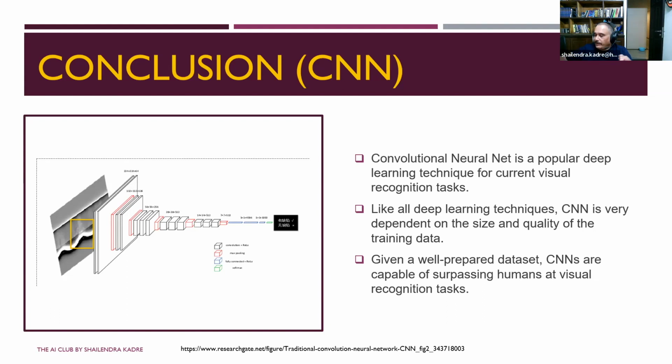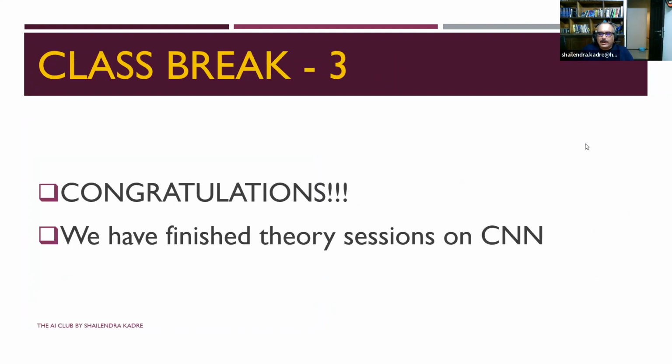Well-prepared means you should have millions of such images to train, a well-designed CNN network, and a nice bigger supercomputer at your disposal to train your neural network. If you have all these things, CNNs can surpass human judgment. That is the conclusion. And with this, I will finish. Congratulations.